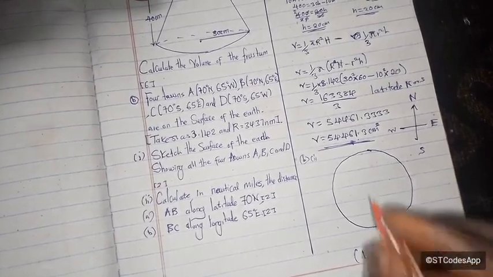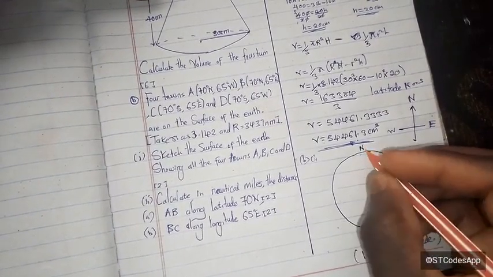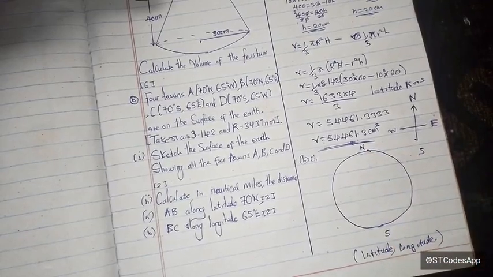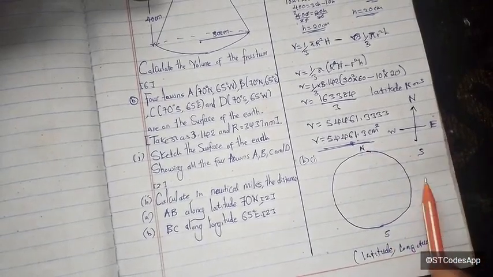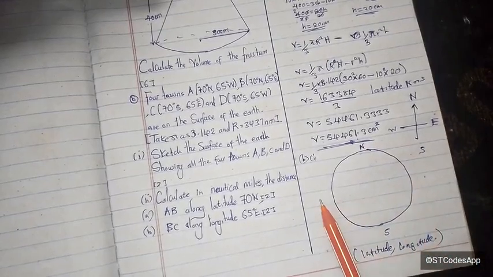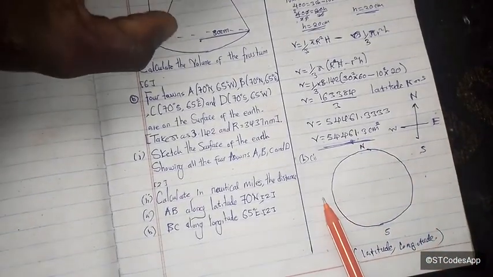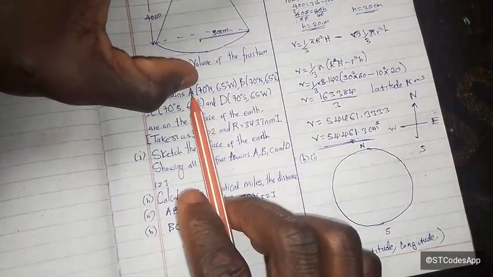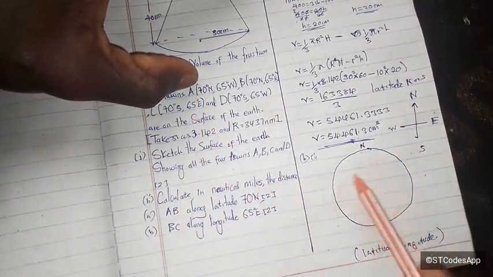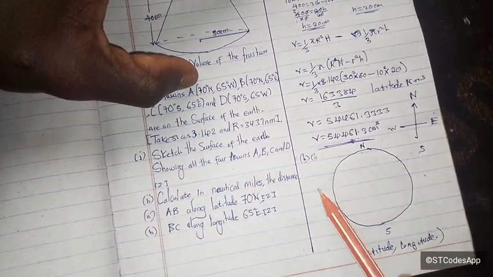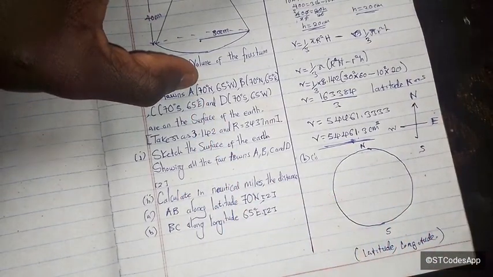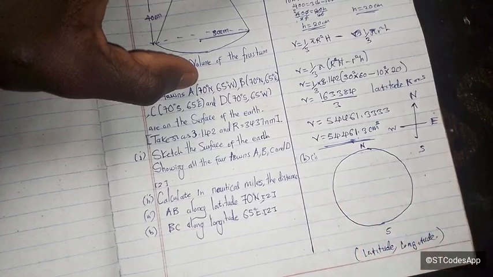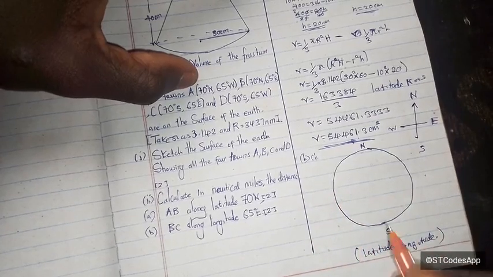So this one here on top is going to be my North Pole. Then this one here will be my South Pole. This one is the east side. This one here is the west side. Now, according to the first one, which is town A. What you need to understand here is that the equator, which is 0 degrees, divides the earth into 2 equal parts.